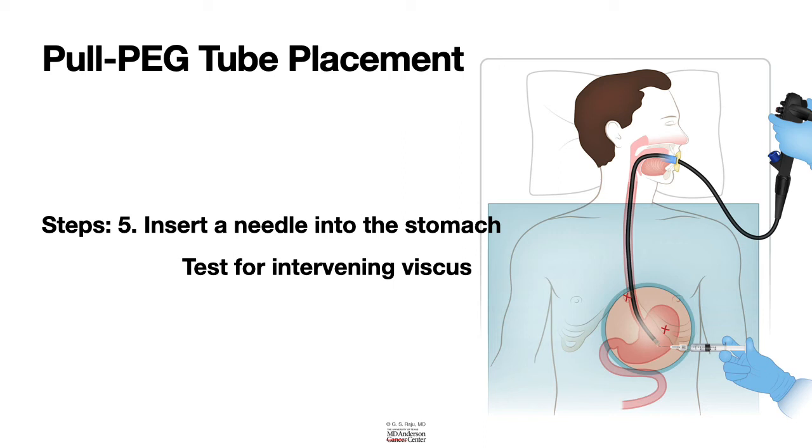If air comes into the syringe as soon as the needle leaves the stomach before it enters the abdominal wall, it indicates that there is either a small bowel loop or a colon loop in front of the stomach wall. And if that's the case, that puncture site should be avoided because it could cause entrapment of the bowel and bowel obstruction.